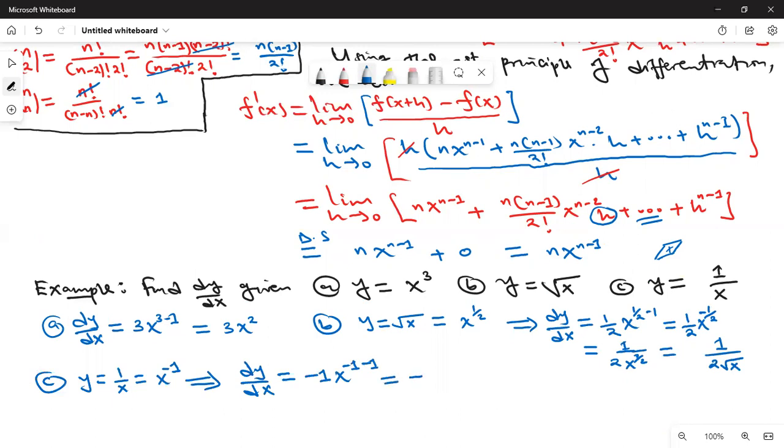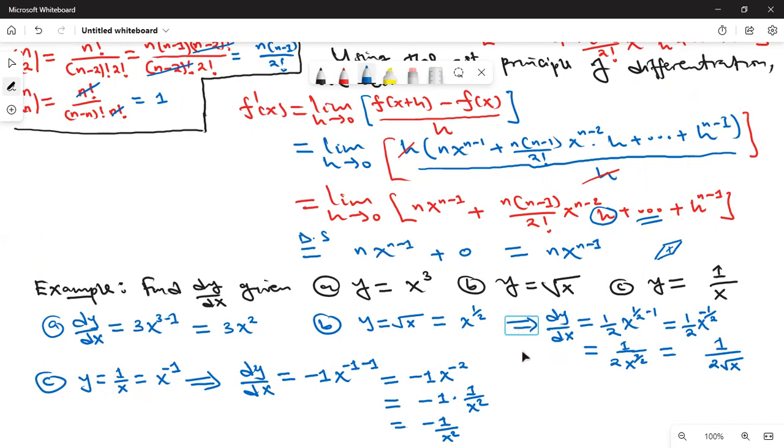So that is negative 1 times x raised to negative 2, which you can as well write as negative 1 times 1 over x squared, which is simply equal to negative 1 over x squared. That's our dy dx. So you see, power rule is very simple as opposed to the first principle of differentiation. First principle will take a lot of time, but with power rule, just applying the formula, you get straight away to the required answer, the derivative.